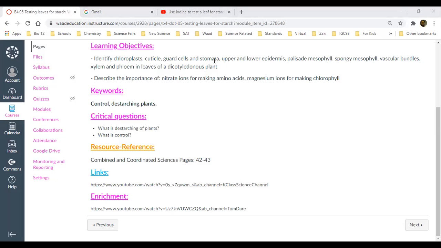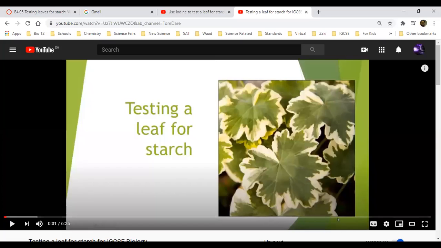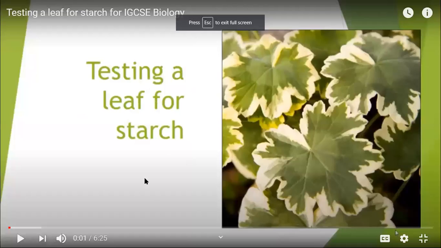And we have Ahmed Naseem. So this one is again testing the leaf for starch. Okay, let's see. How does this go?